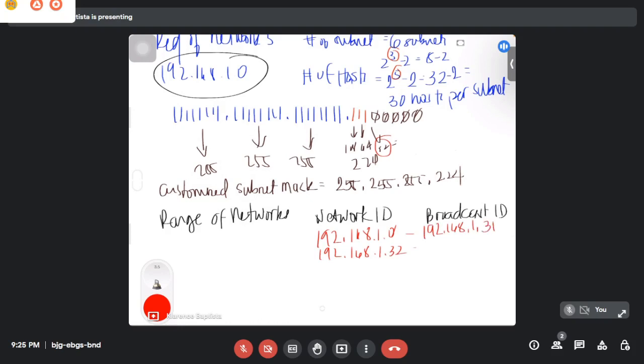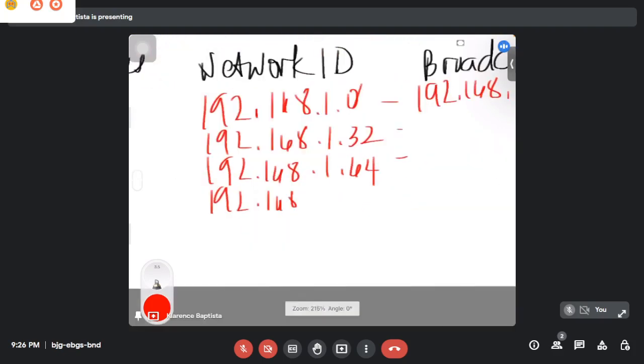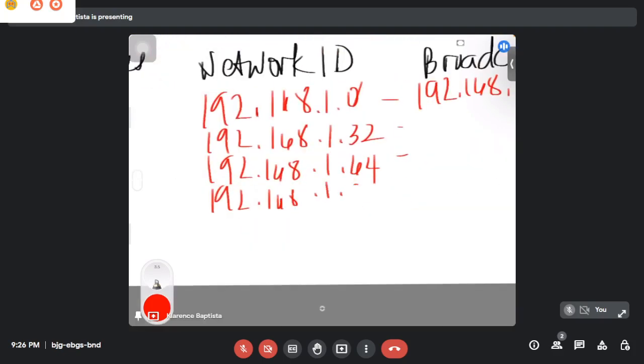So, pangalawa, the 32. So, plus 32 natin, yung next natin IP address is 192.168.1.64. Okay? So, tuloy po muna natin, 192.168.1.96.